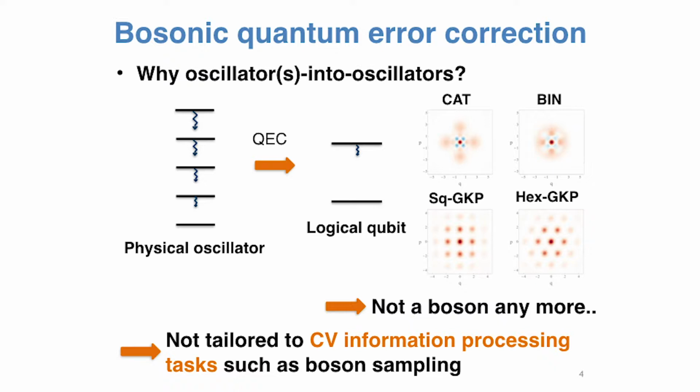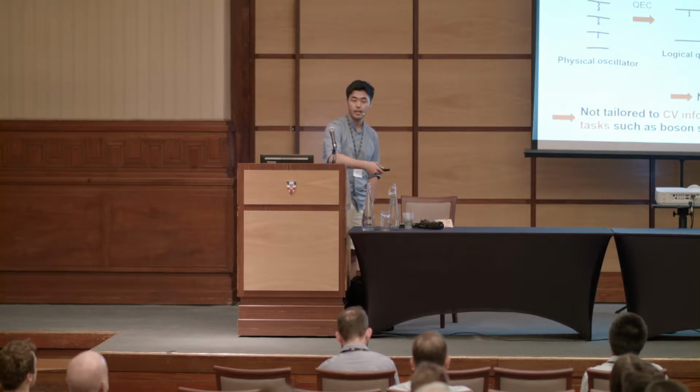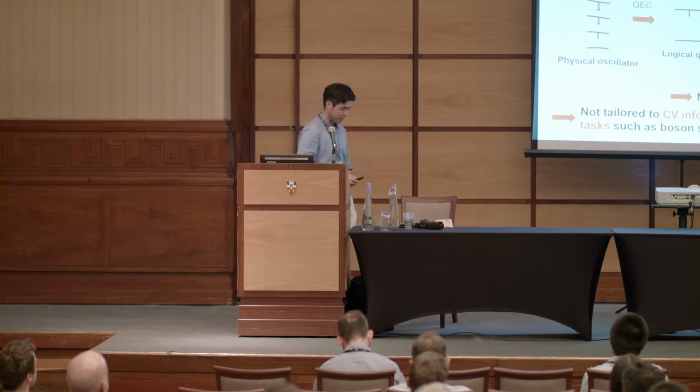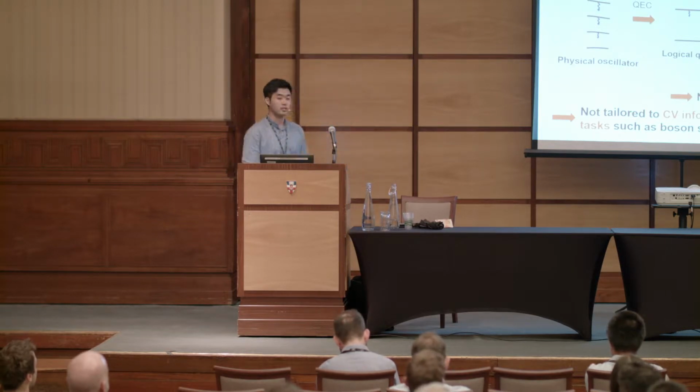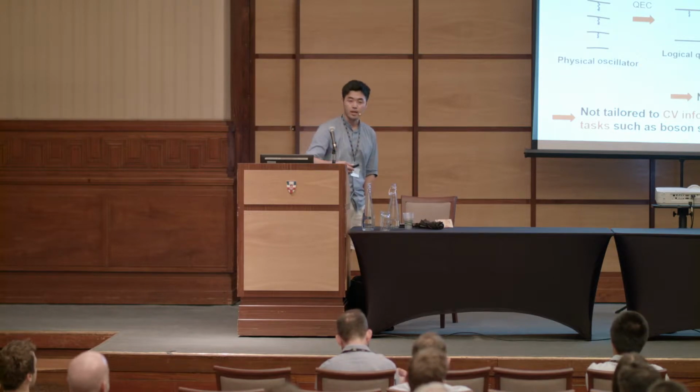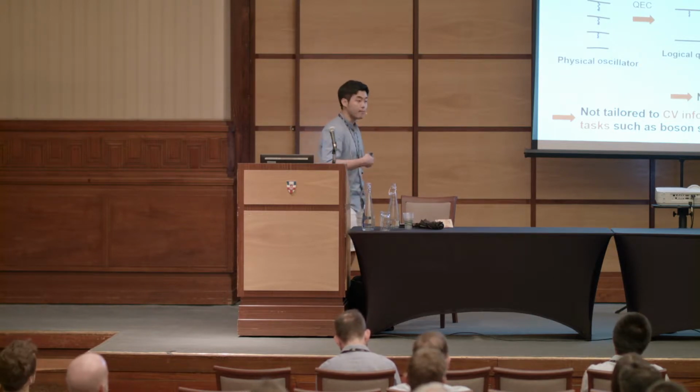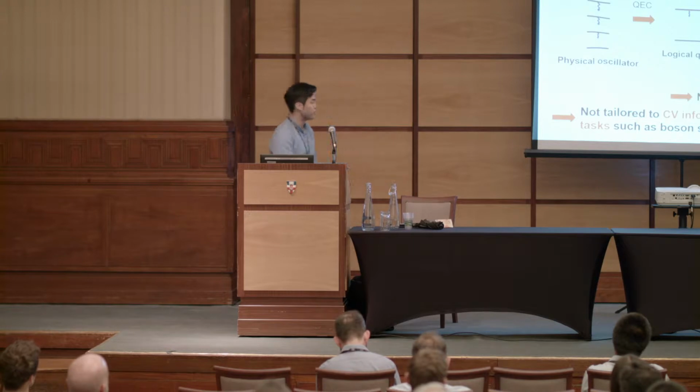So if we imagine using this kind of code for, say, a continuous variable task like boson sampling or simulation of bosonic systems, we basically started with the bosonic mode, which was suited for this kind of purpose, but what we get at the end of the error correction is no longer tailored to this kind of application. So that was the reason for me to think about how we can encode a boson into many bosons, so we can directly use them for such purposes.